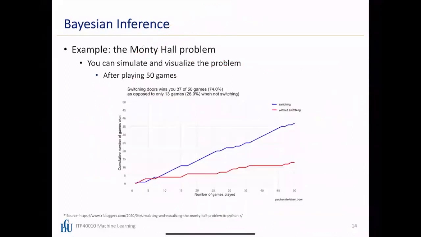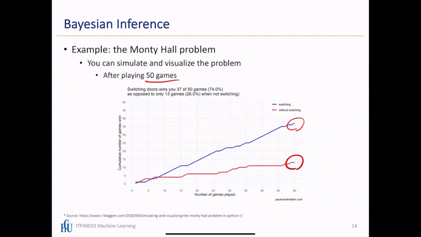The trend is actually visible from the experiment. You can simulate the scenario that we described. If you repeat the simulation 50 times, this is the number of wins after you switch your initial choice, and this is the number of wins if you stick to your initial choice.